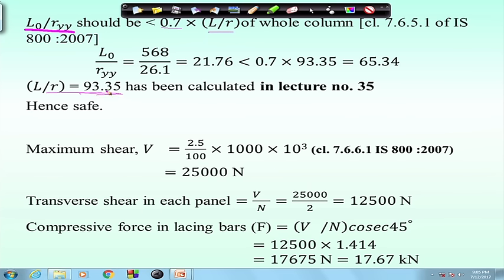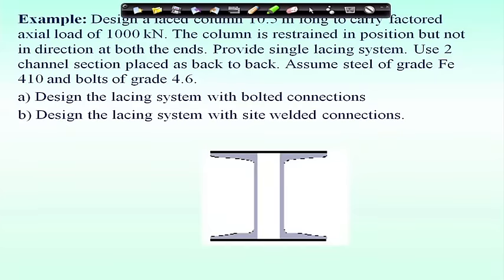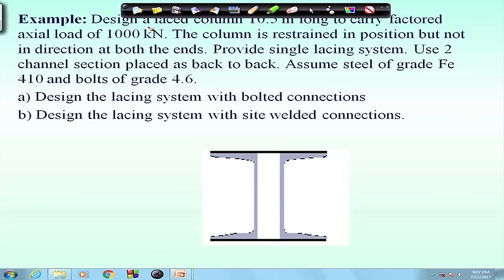For design of lacing we have considered this example, that is, design of a laced column 10.5 meter long to carry a factored load of 1000 kilonewton, the column is restrained in position but not in direction at both ends, and provide single lacing system.